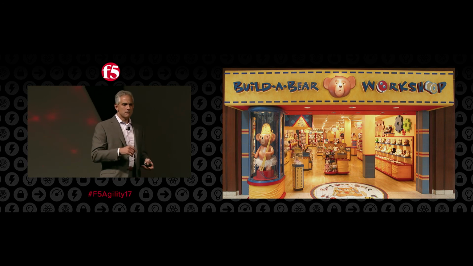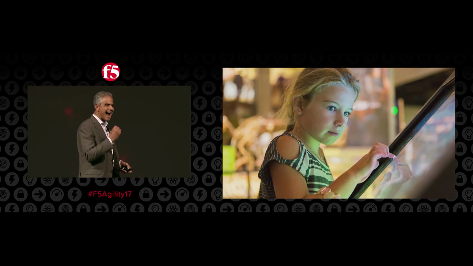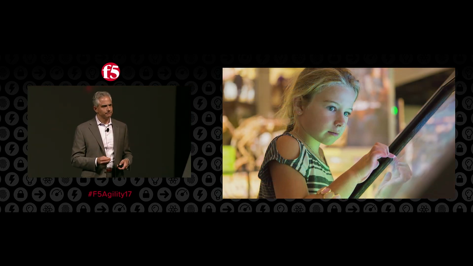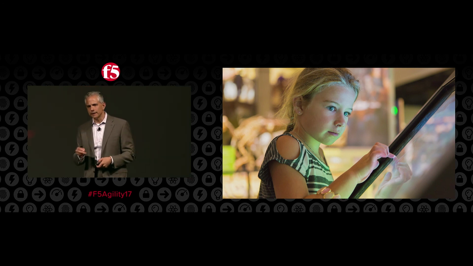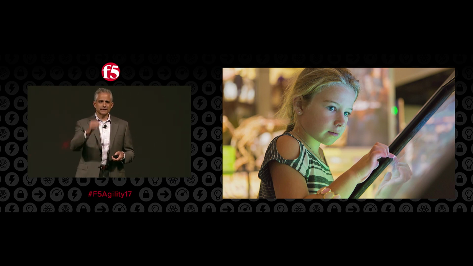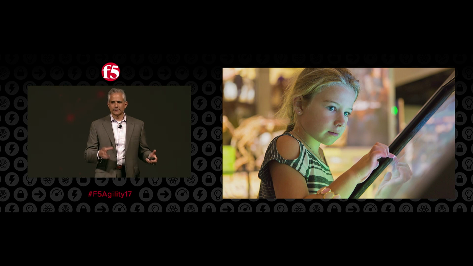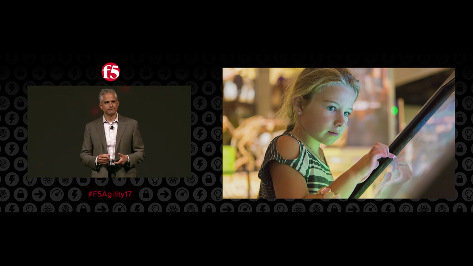This is a mall store where you take children, where they can actually build their own bear. But what's really happening is the child sits in front of a computer screen and picks the size, the shape, the color of that bear. And then a robot assembles that bear for them.